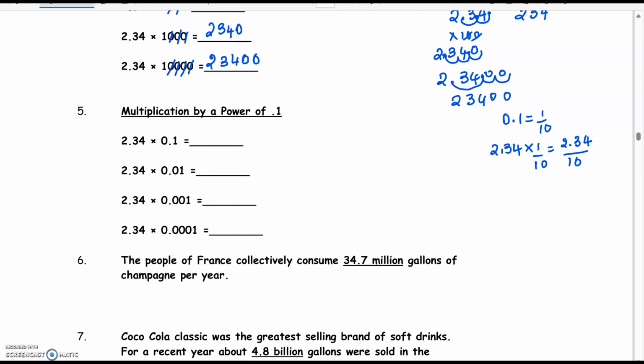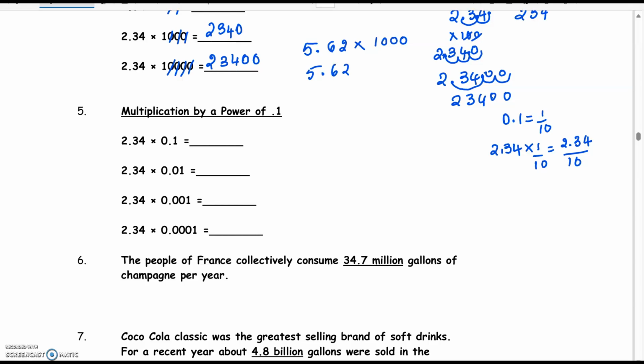Now in the previous question, if you had, for example, 5.62 times 1,000, multiplying a number by 1,000 makes it bigger. So what do we do with the decimal point?